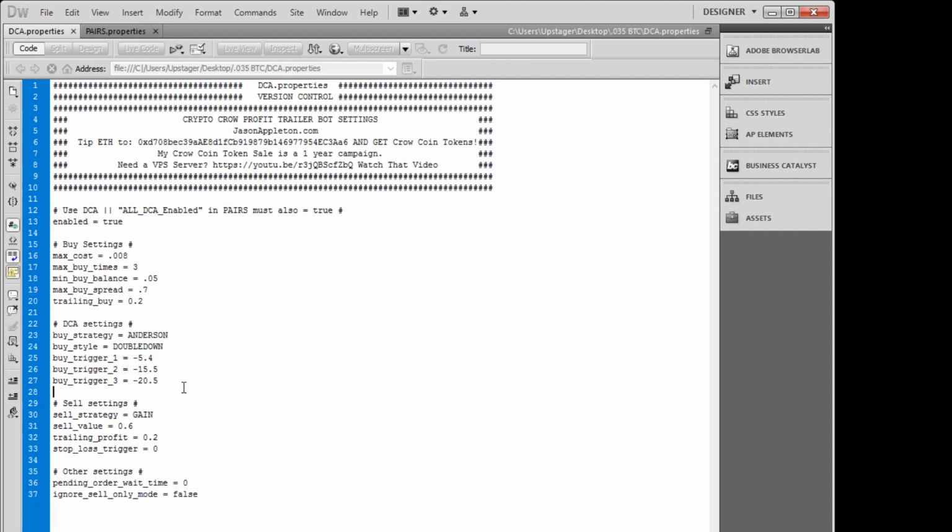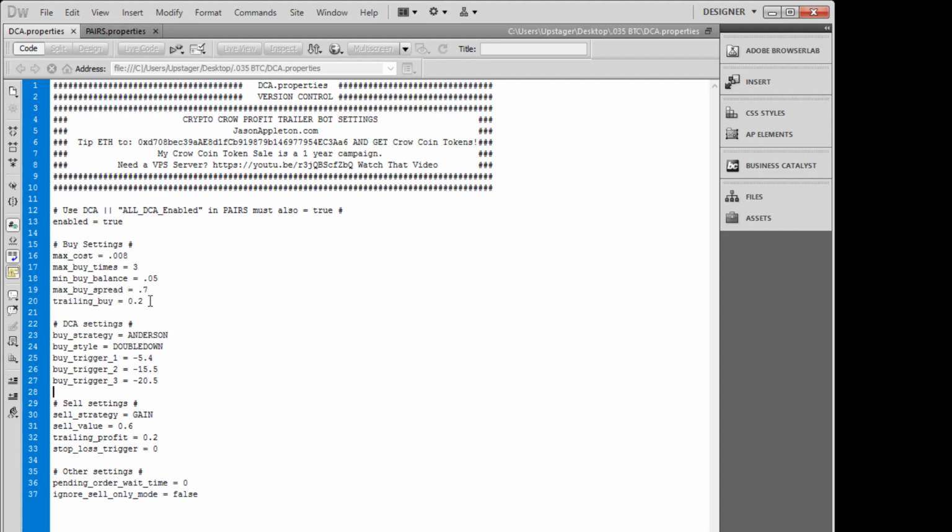That's your 0.035 BTC, so keep that in mind. This is a newbie budget, a newbie package. It's set up to make you money, but also to protect your tail a bit too.